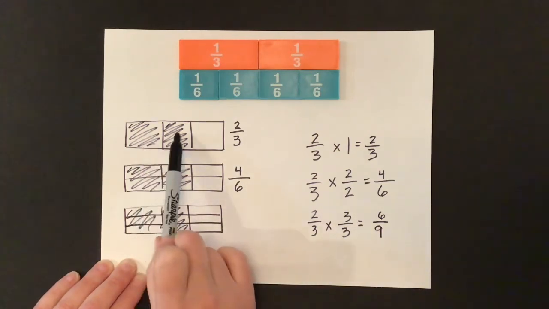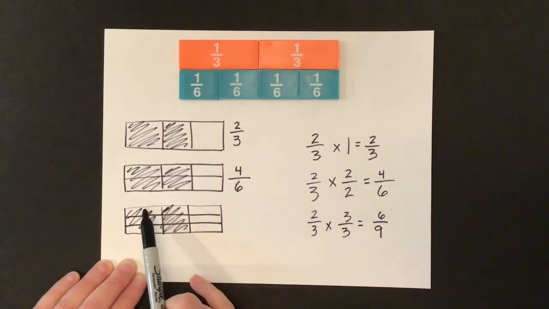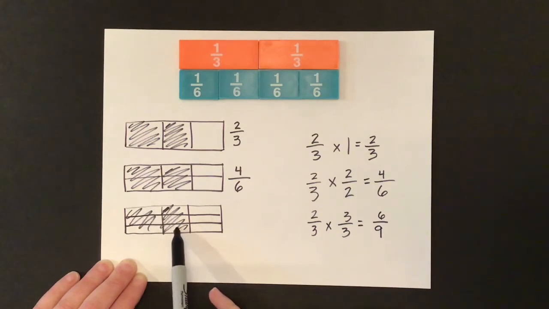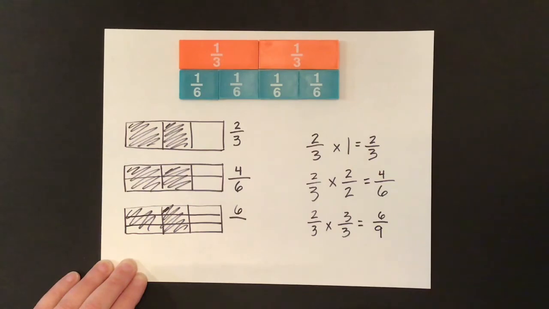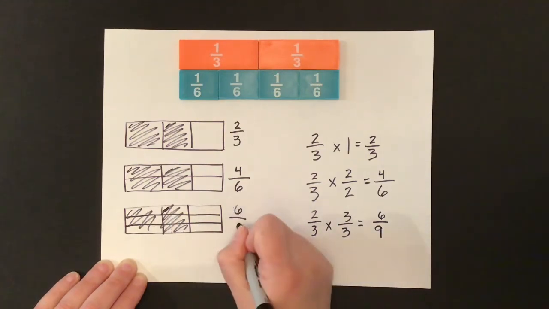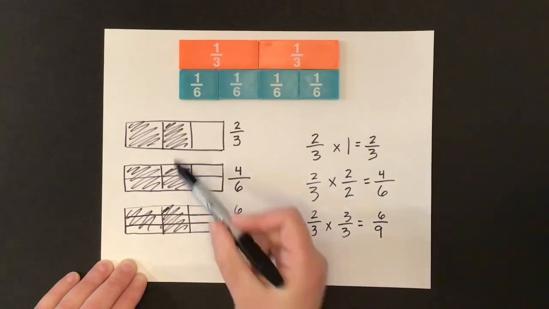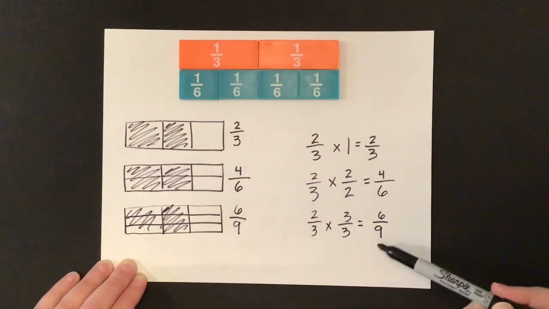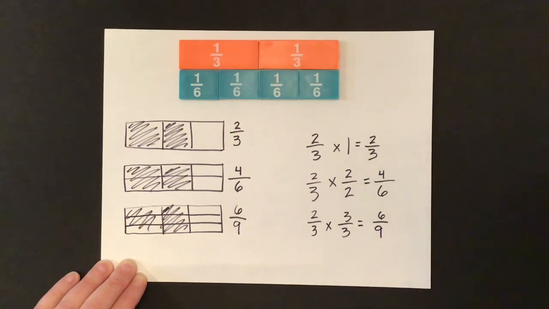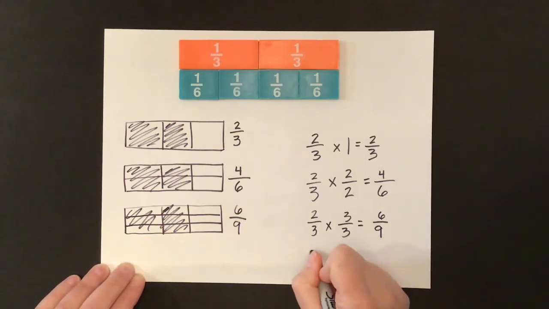So now instead of just 2 shaded in pieces, we have 1, 2, 3, 4, 5, 6 shaded in pieces. And instead of just 3 big pieces, we now have 1, 2, 3, 4, 5, 6, 7, 8, 9 pieces. And these are clearly all the same amount. So our shortcut works. These are all equivalent fractions. Let's keep going.